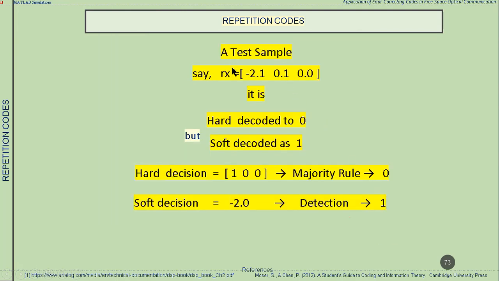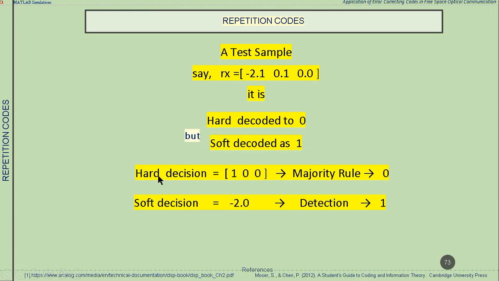Let us take an example to understand this. Suppose we receive this vector. This is received, repetition of the message 3 times. Now how do we say what was sent, a 0 or a 1? First, in hard detection we'll see two positives means two zeros are there, and one negative, one is there. So 100 is the detection, and two zeros means the majority, so it was a 0.